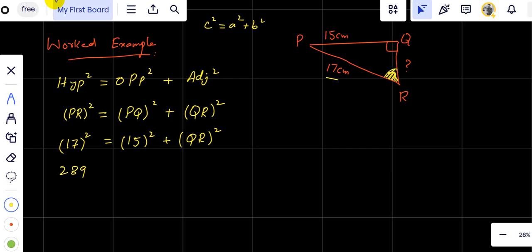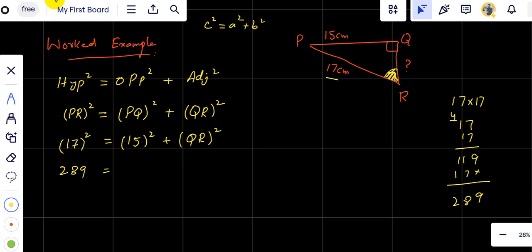You can do it manually. 17 square is basically 17 times 17, right? You can simply multiply it. 7 times 7 is 49. Then 1 times 7 plus 4, it's 11. Then it's 289. So keep that in your mind. 17 square is 289.